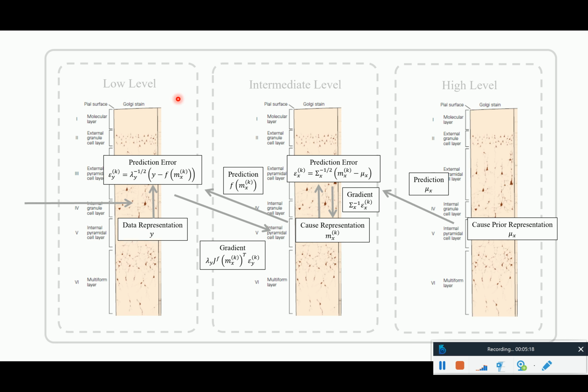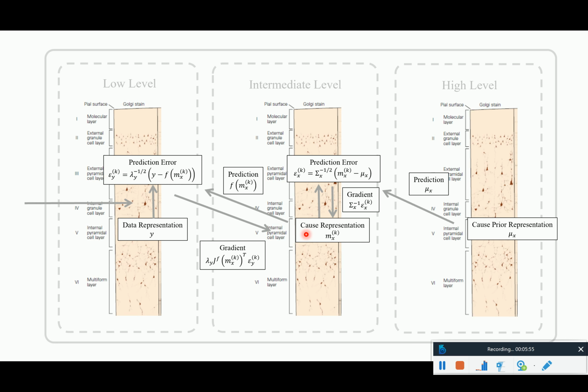The idea is that there is some representation in deeper pyramidal cell layers, because what is represented in the external pyramidal cell layers, which is actually where you can record the EEG from, is the difference between the data representation and the model prediction. So where does this model prediction come from?